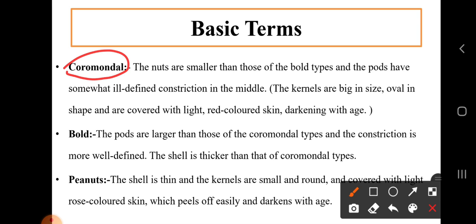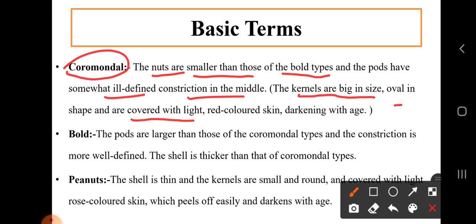Coromandels are those kinds of nuts or pods which are smaller than the bold type of pods, and these pods have an ill-defined constriction at the middle. Its kernels are big in size, oval in shape, light in color weight, with red color skins, and the skins get darkened with an edge.